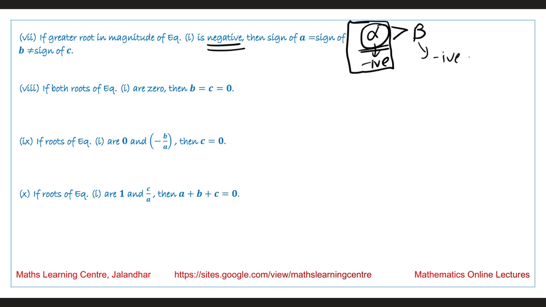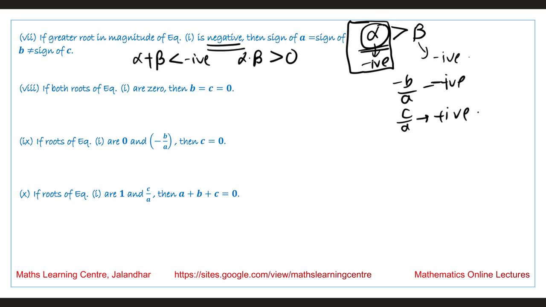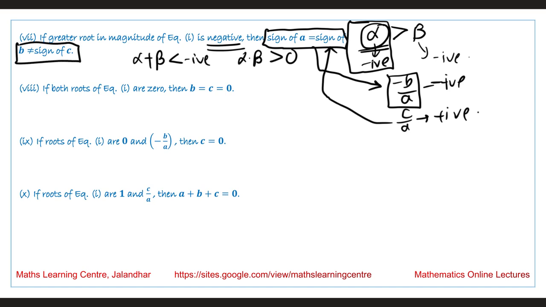So the sum of the roots, alpha plus beta, will be negative and alpha into beta will be positive. So this means minus b by a is negative and c by a is positive. So this means that the sign of a and b are equal and the sign of a and c cannot be equal. So we get that sign of a is equal to sign of b is not equal to sign of c.